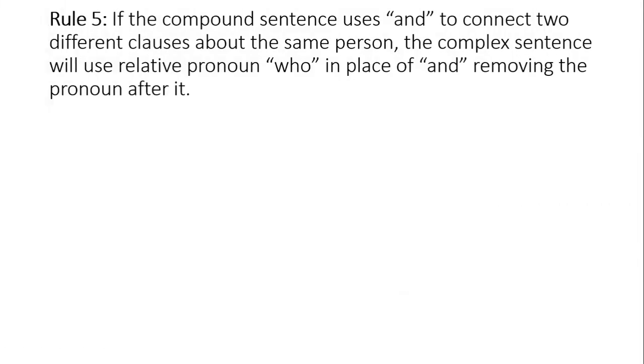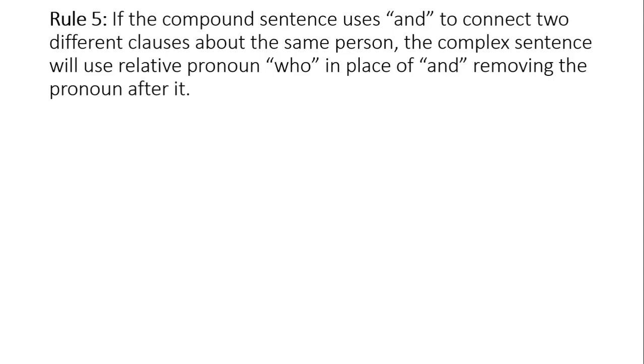All right. Rule number 5. If the compound sentence uses and to connect two different clauses about the same person, the complex sentence will use the relative pronoun who in place of and, removing the pronoun after it.